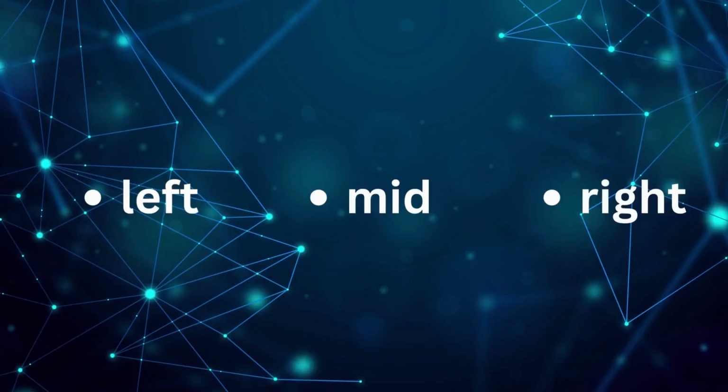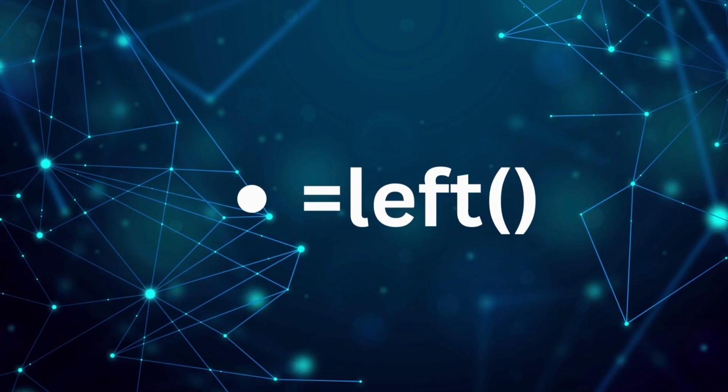Let's talk about search functions. I don't know if they're called that, but I like to call them that. Let's start with left. Left is a function that returns the number of letters that you select, starting from the left. Let's take an example to better understand it.